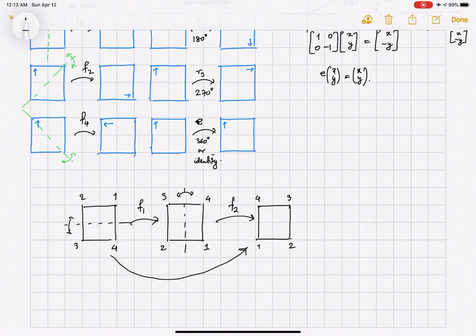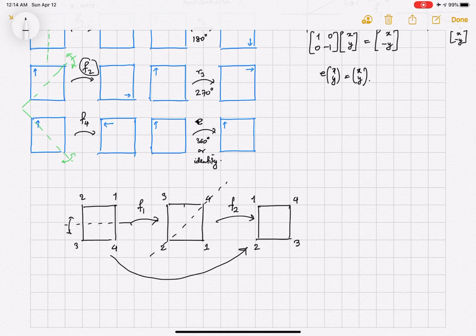Oops. I'm sorry, that was not my F2, was it? My F2 was the diagonal flip. So this one, if you see up here, that was F2. So if you apply that diagonal flip, then 4 stays in its place, 2 stays in its place, and 1 and 3 get flipped. 1 goes here, 3 goes here.